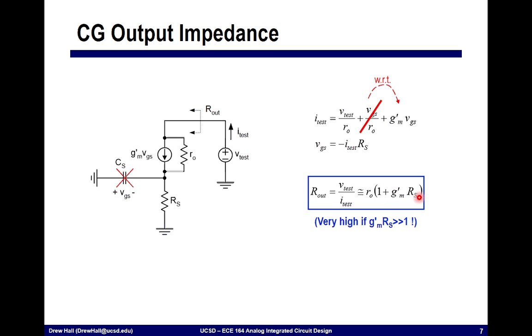Okay? So what this means essentially is that for a common gate stage, we can have very, very high output impedance, particularly if we have this gm prime RS quantity being much, much greater than 1, which is often a design consideration when we're making this type of stage, that we actually design for this type of criteria.